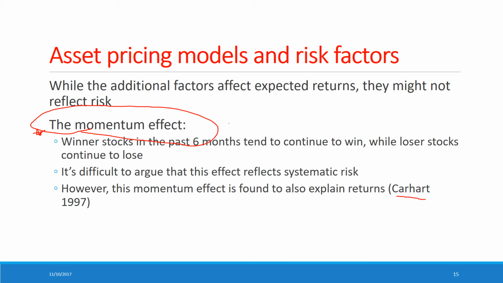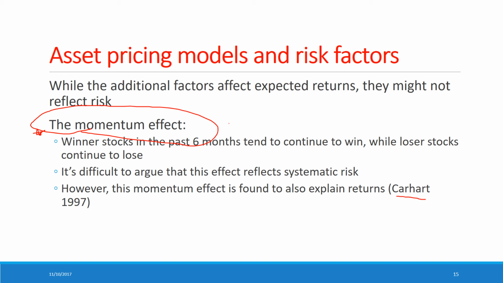What Carhart argues is that the momentum effect is definitely not a systematic effect, right? It doesn't reflect systematic risk. The momentum effect by definition reflects the investors' irrationality, right? Investors tend to overprice winner stocks, and they tend to underprice loser stocks, and this is not meant to be systematic risk, right?